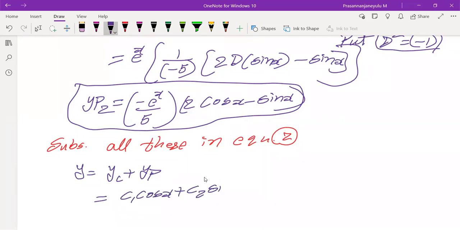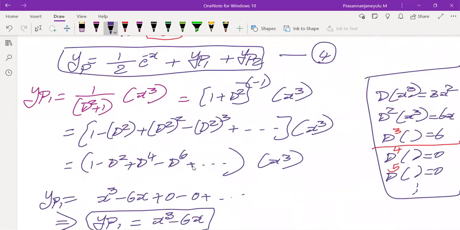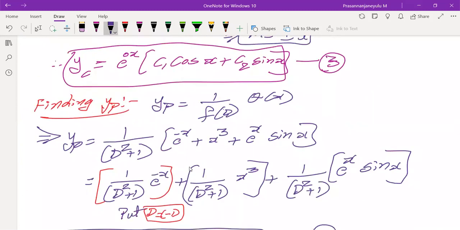But what is yp? 1 by 2 into e power minus x plus yp1 plus yp2. Check it. yc is c1 cos x plus c2 sin x.